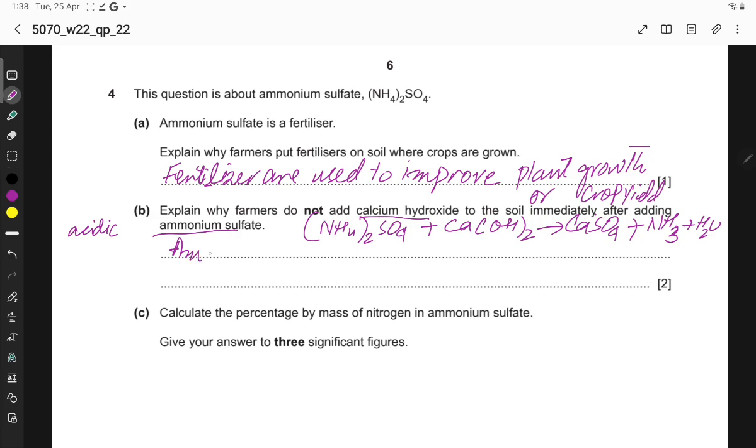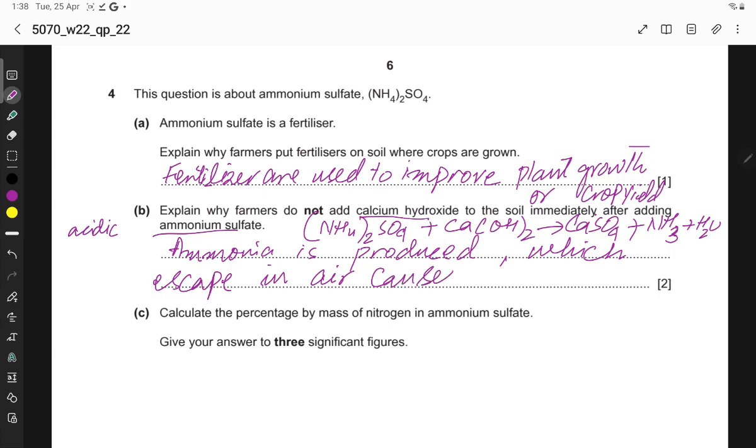Ammonia is produced which escapes in air. So for the 2 marks, the first mark is that ammonia is produced which escapes in air, causing soil to be deficient of nitrogen.